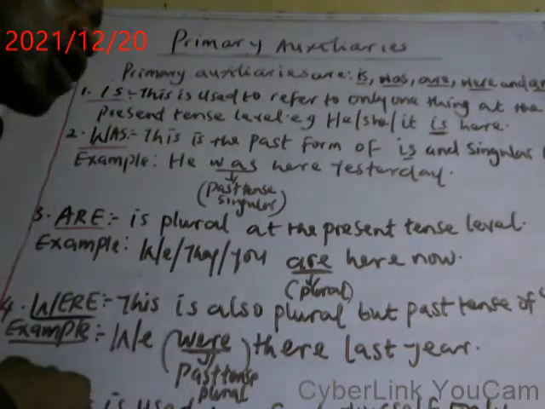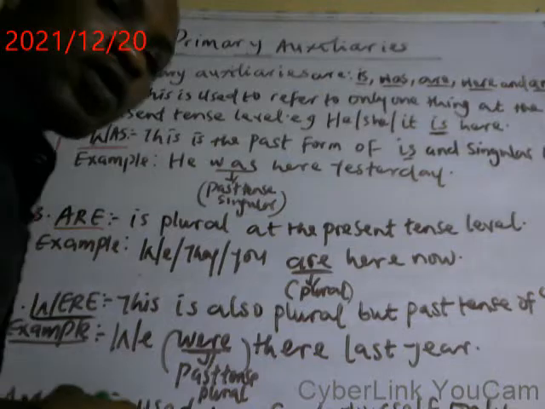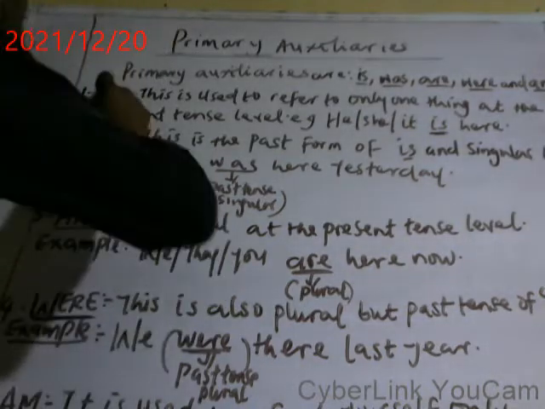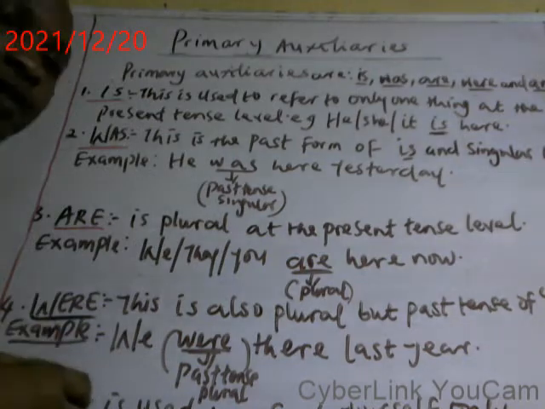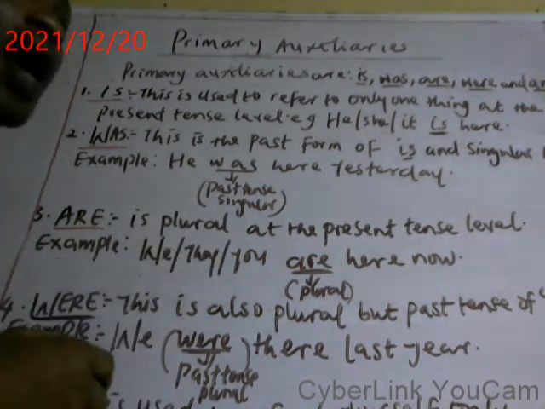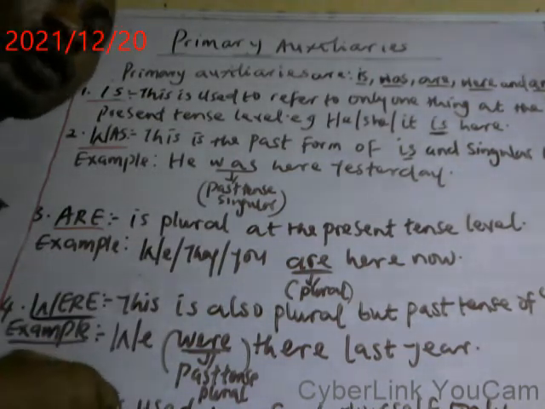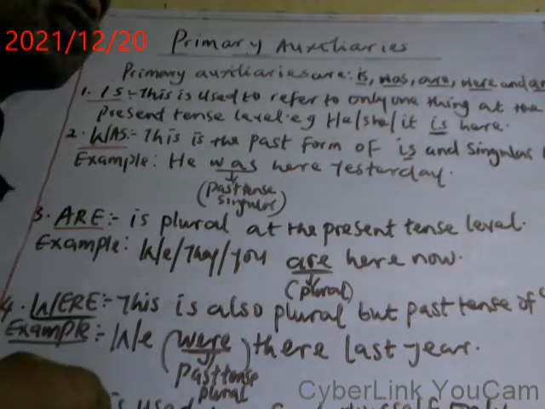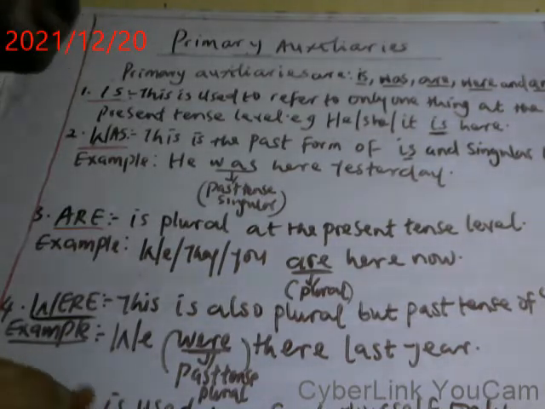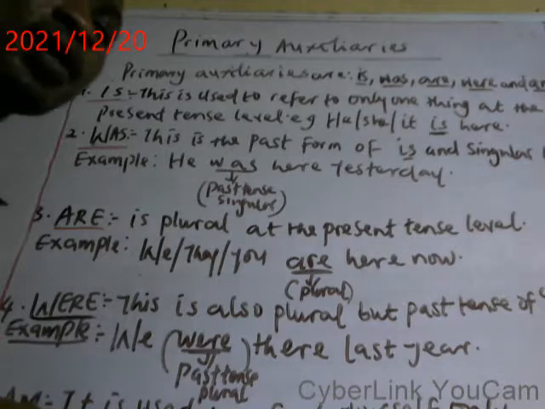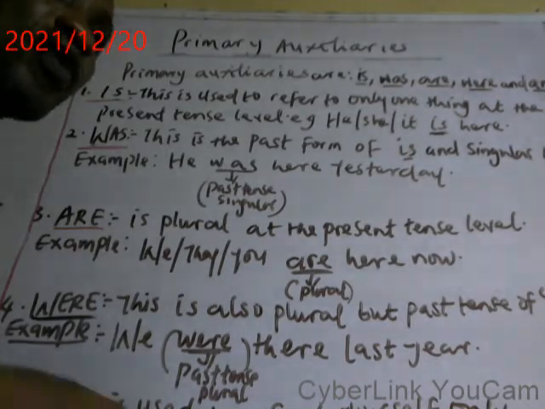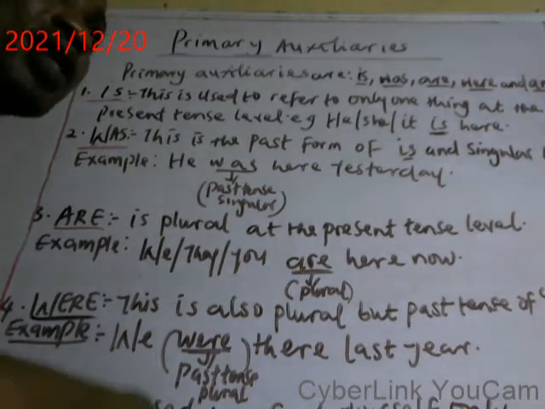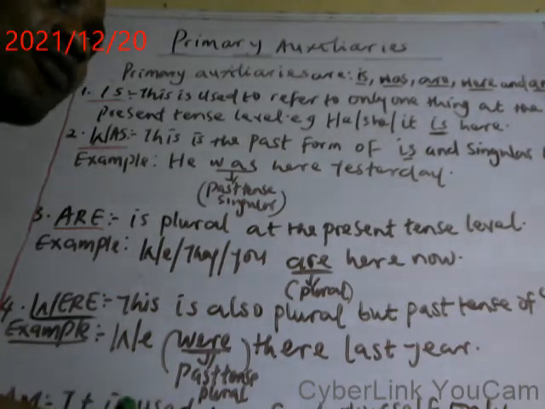The first among the list of primary auxiliary verbs is "is". Is is used as a singular primary auxiliary verb which functions at present tense level.